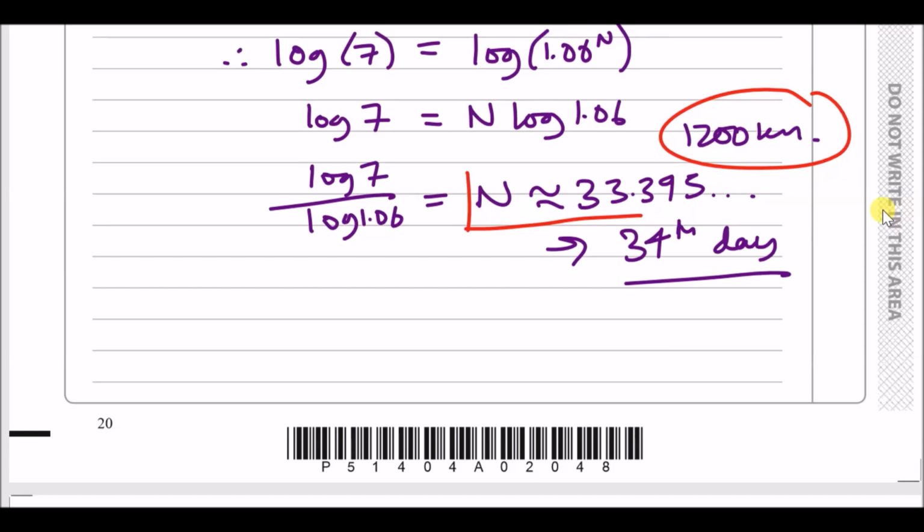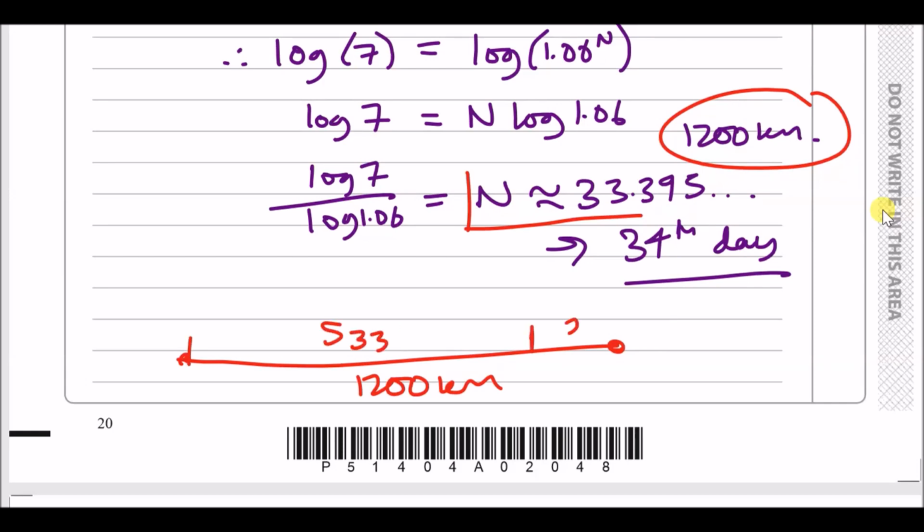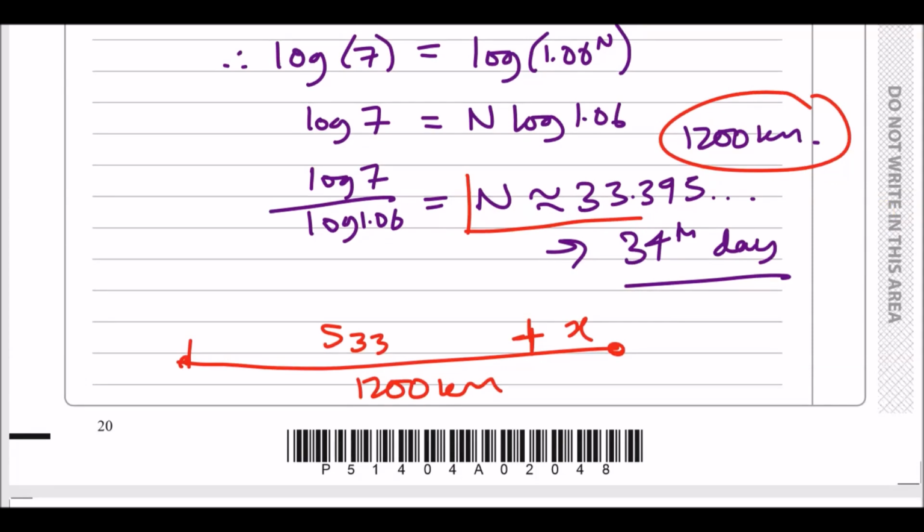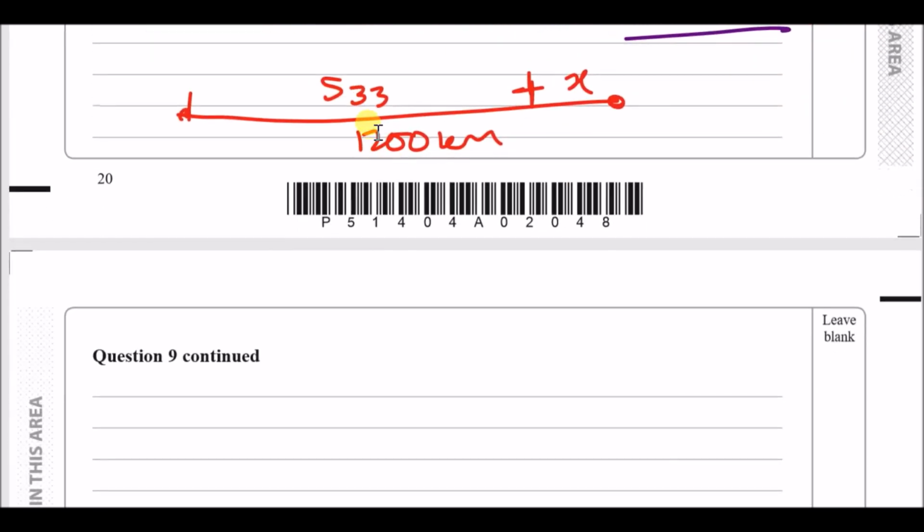If we make a little timeline, let's say from here all the way to the end, and just label this 1200 kilometers, we can see that the first 33 days, which we were able to compute, by the way, plus this extra little decimal date, 0.395, will give us a total of 1200 kilometers. Okay, so now we just need to compute S33. So what does that give us?